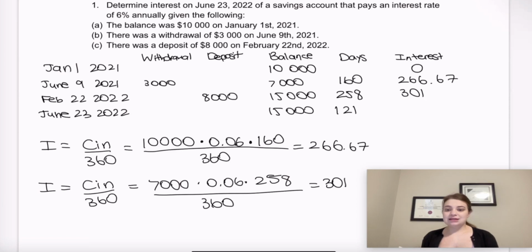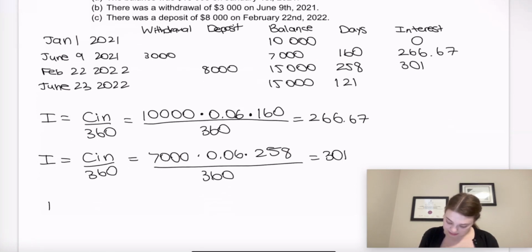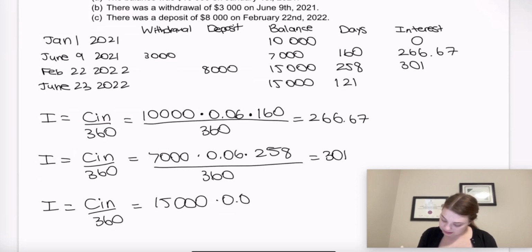Then I'm going to do the last interest calculation, which occurs for 121 days, and where the balance for that part is $15,000, because that's after we put another deposit in of $8,000. So in this one, interest is equal to CIN over 360, which is $15,000 times 6% interest rate, times our number of days of 121, all over 360.